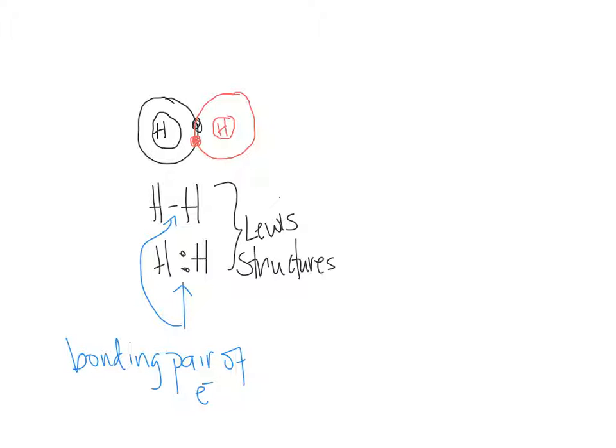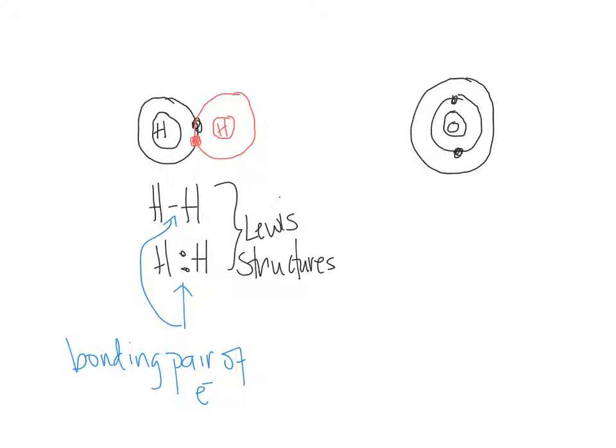O2, so there's 2 oxygens. Here's my nucleus. Here's my 2 inner. How many valence electrons does oxygen have? 6. How many more does it want? 2.